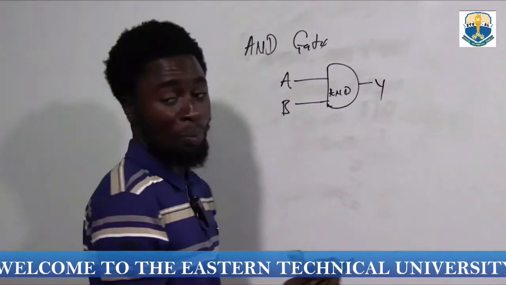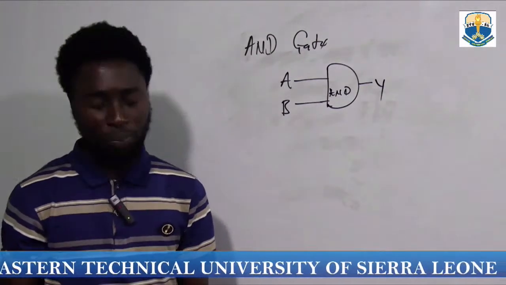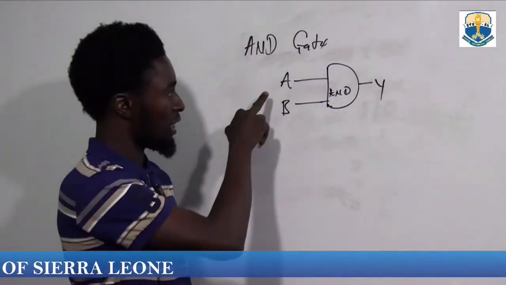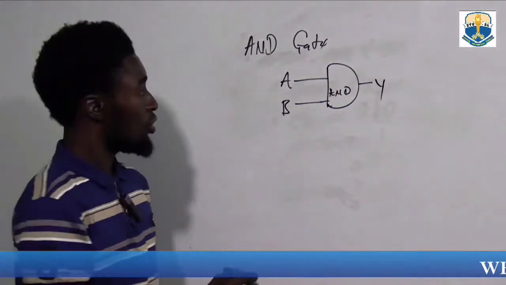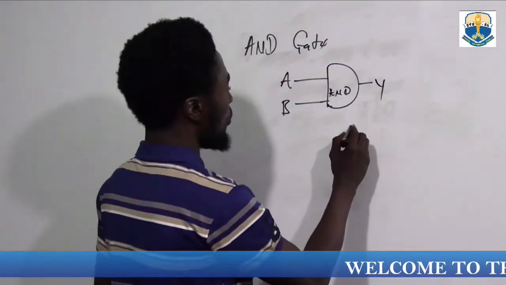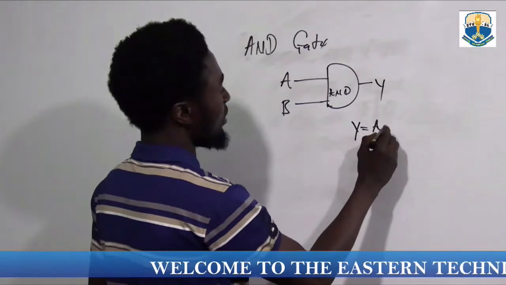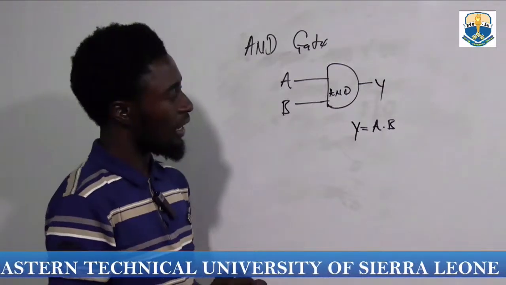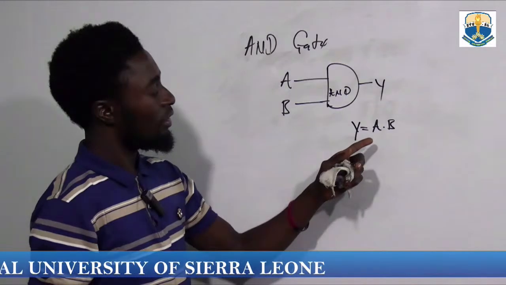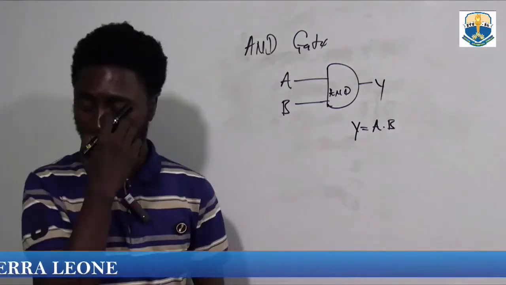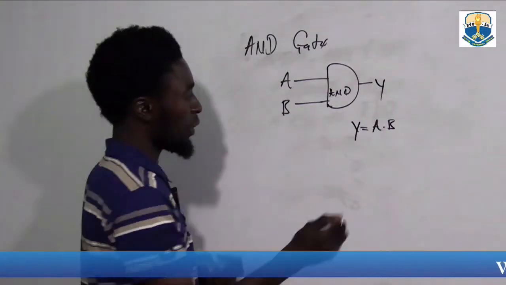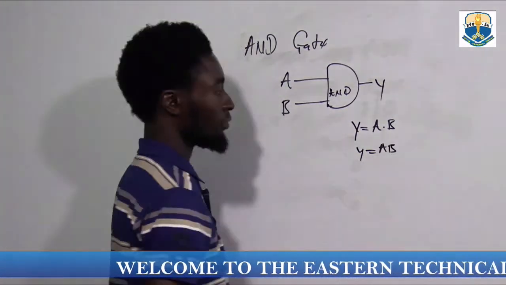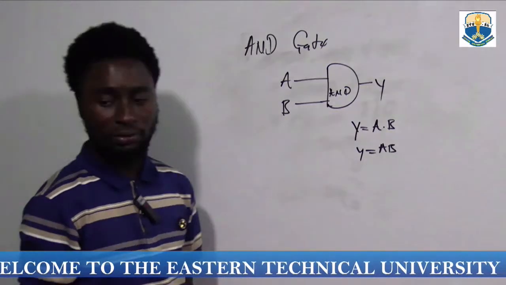The AND operation is telling us to multiply the 2 inputs, that is input A and input B. So we say Y is equal to A dot B, and the dot implies that we multiply A by B. Our final output, when well simplified, will be AB. So this is what we have as output, Y.